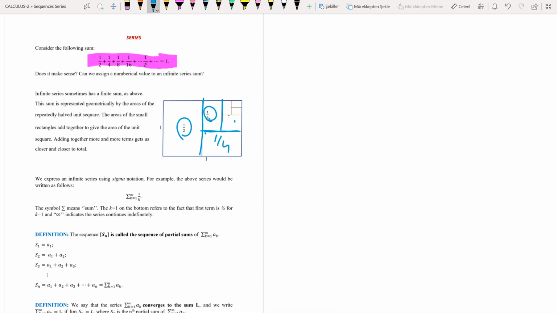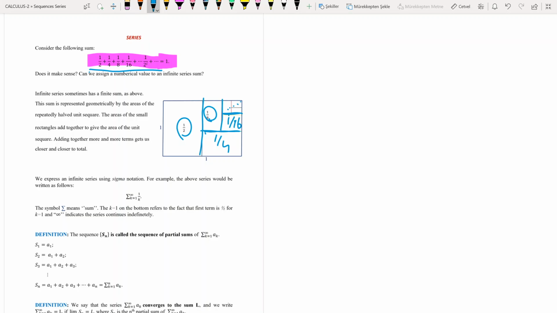If you divide the rest, you will have 1 over 16, 1 over 16, and the upper part is 1 over 16. If you add all these areas, 1 over 2, 1 over 4, 1 over 8, 1 over 16, and so on, you will finally have the area of the square, which is 1. So the addition of these infinite numbers is also a number.